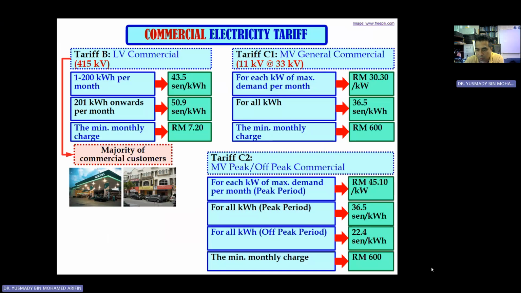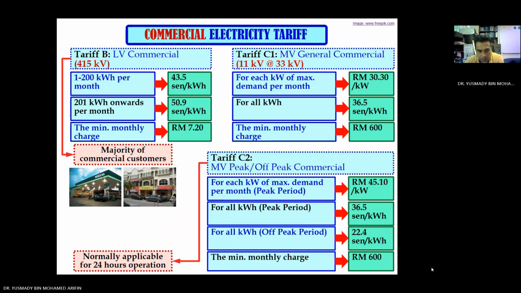During the off-peak period, 32.4 cent. The minimum monthly charge, same as tariff C1, is RM 600. And tariff C2 is normally implemented for 24-hour operation customers or companies.